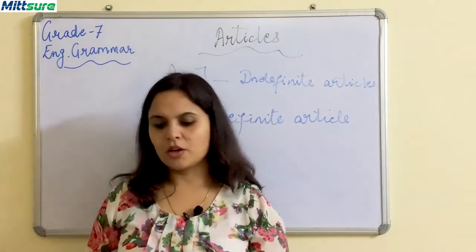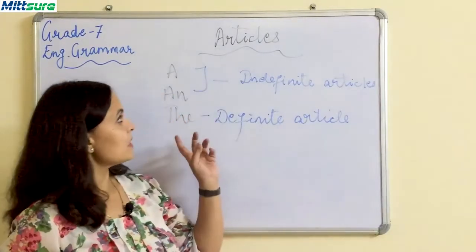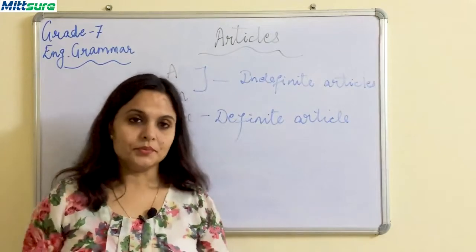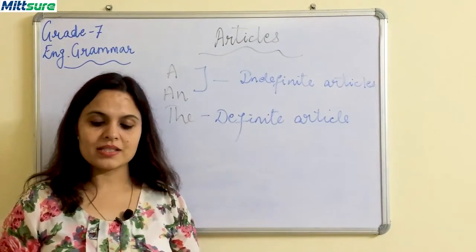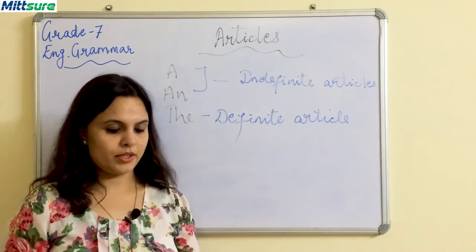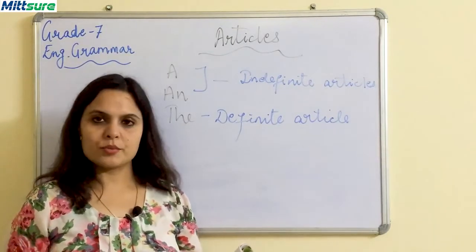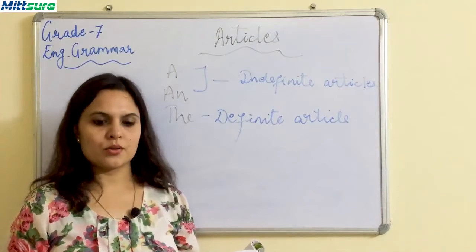Now we will learn about the use of indefinite articles like a and an. The indefinite article indicates that the noun in a sentence is not someone or something in particular. A is used with a countable singular noun beginning with a consonant sound.